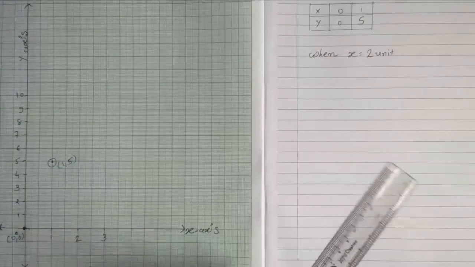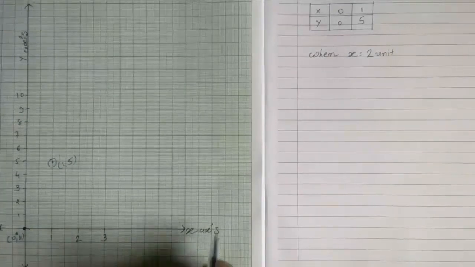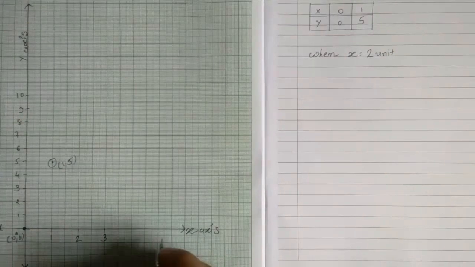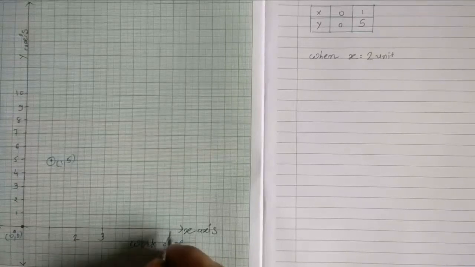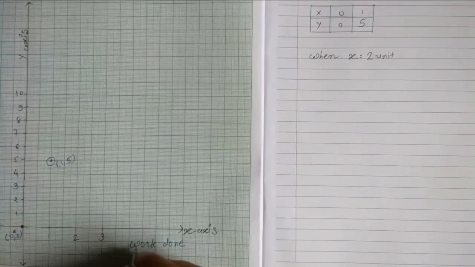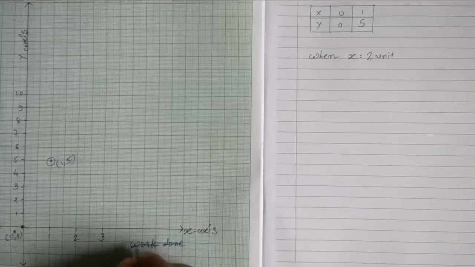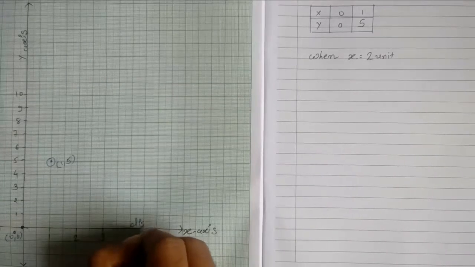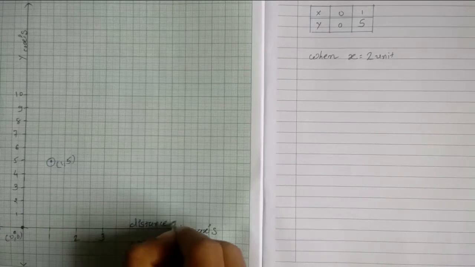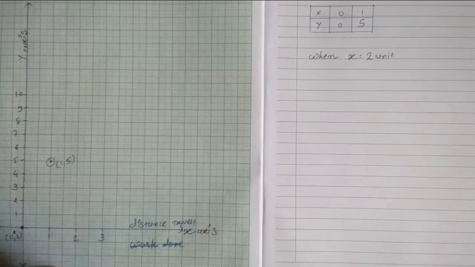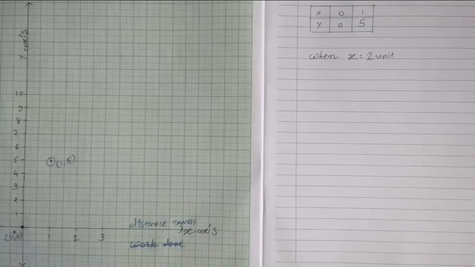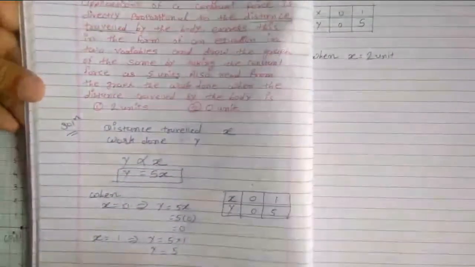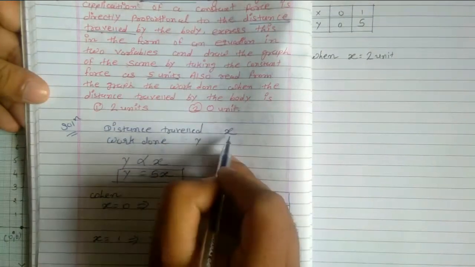Now we can see that the x-axis is our distance traveled, because we take distance traveled as x and work done as y.